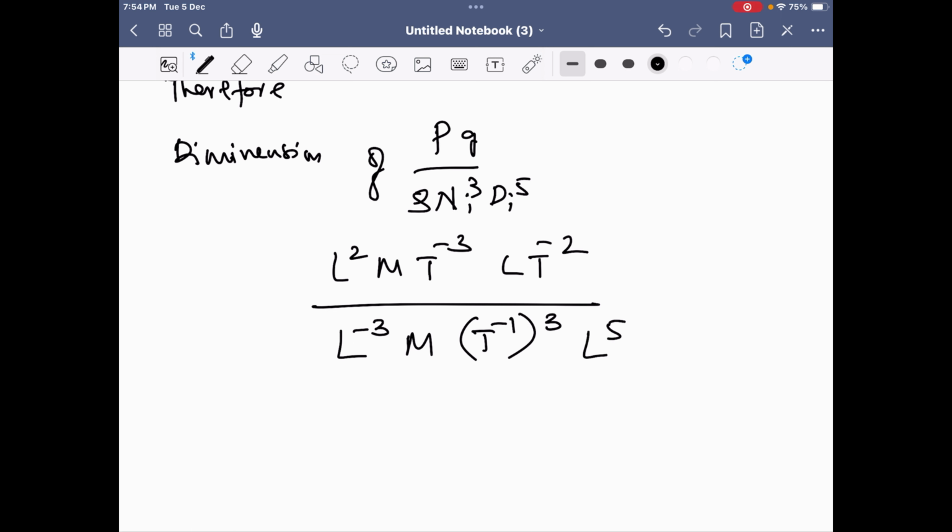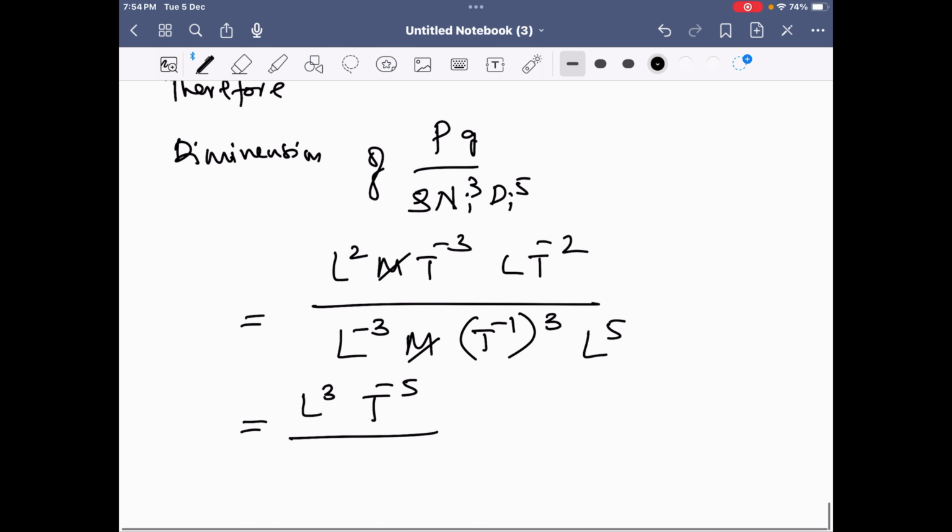Let us simplify this particular term. The numerator becomes L cube, L into L square into L, and let us cancel m and m. In the numerator, t power is minus 3 minus 2, that is minus 5, divided by L power minus 3, t power minus 3 and L power 5.